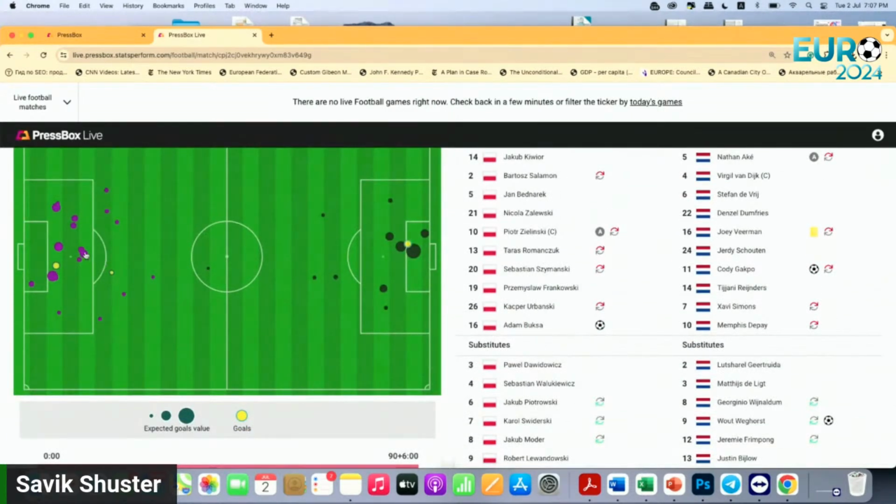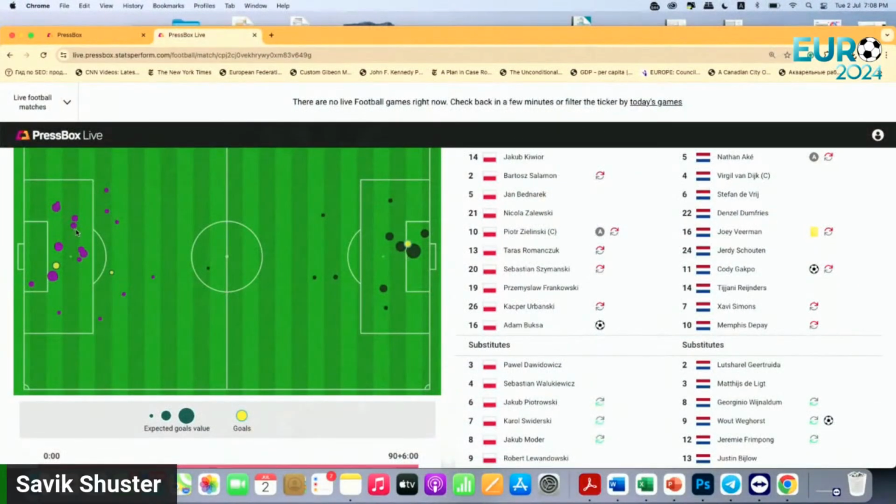Now, if you have a look at, for instance, expected goals, you can see that Holland was quite more active in the penalty box than the Polish team. The only thing, as I mentioned, except for Depay, you always get a right foot player.